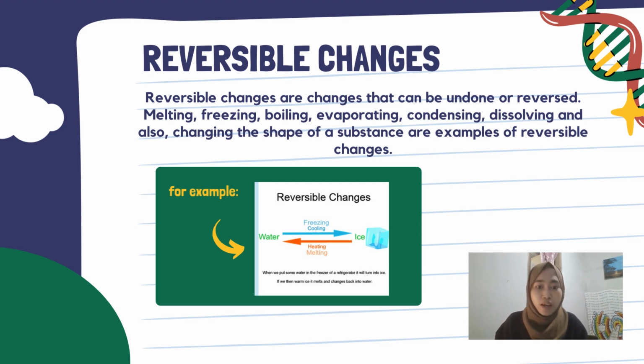If we put the water in the glass back into the freezer, the water will harden and turn back into ice, and so on. The change in state from water to ice and back to water is called a reversible change.